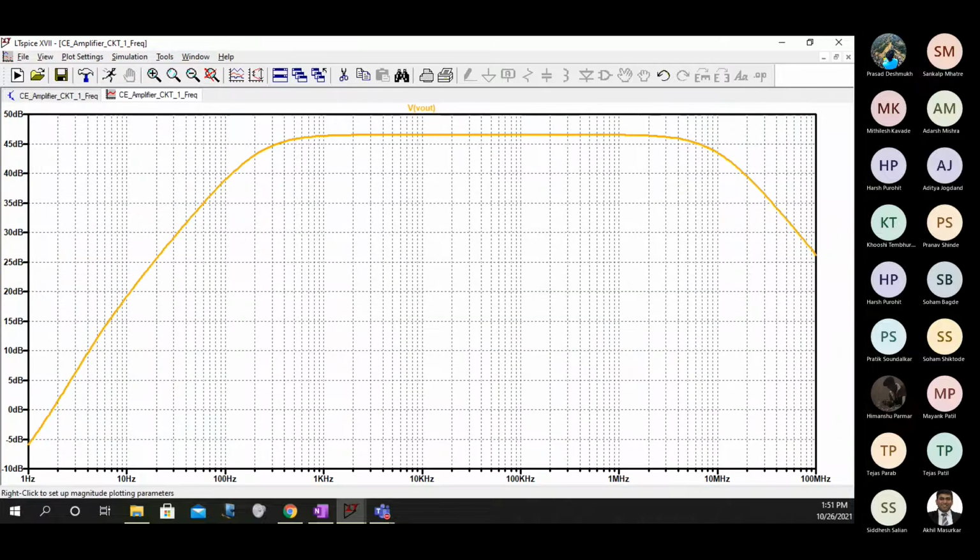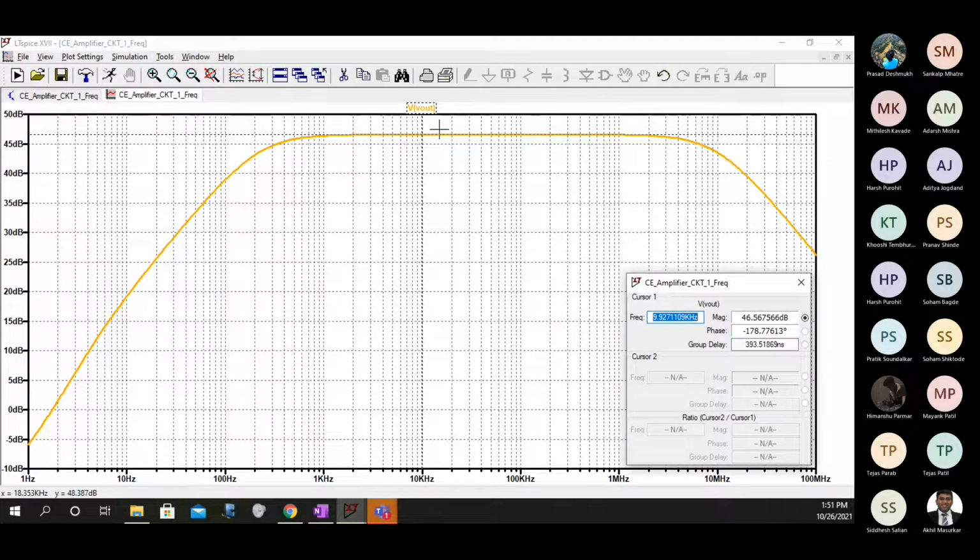Now if you expand this graph and click on it, the screen will open here. If you move the cursor, you can see the magnitude value is 46.56. Then you should also observe certain things here. There is a phase of 178.87 degrees. We were saying the phase shift is 180 degrees out of phase, but it is not exact 180.